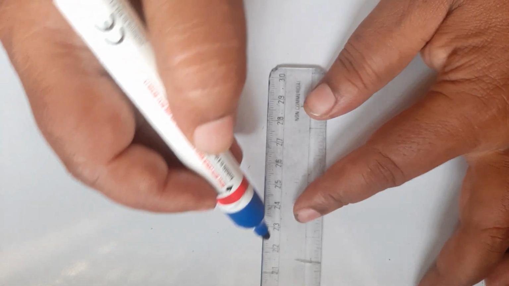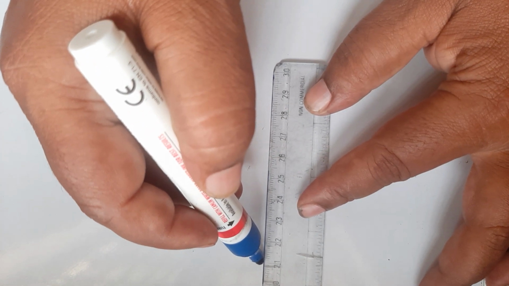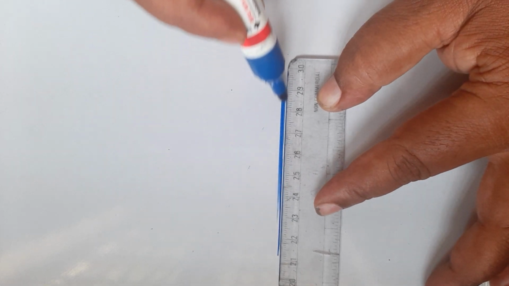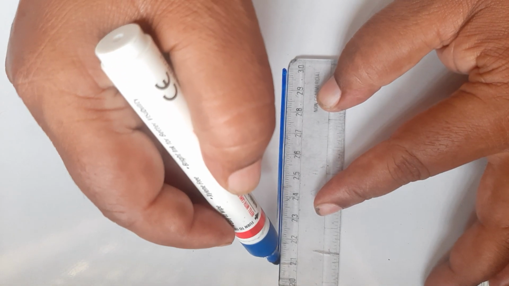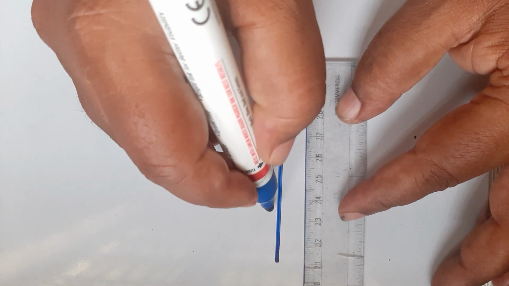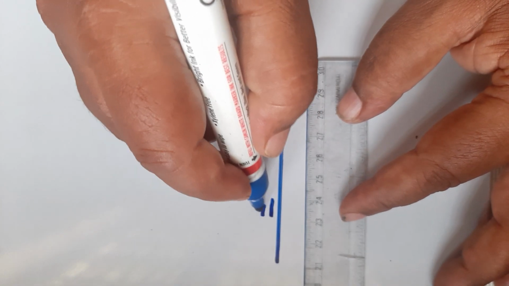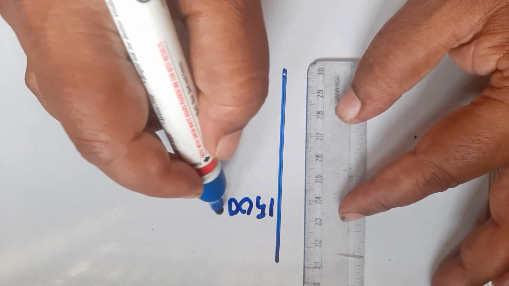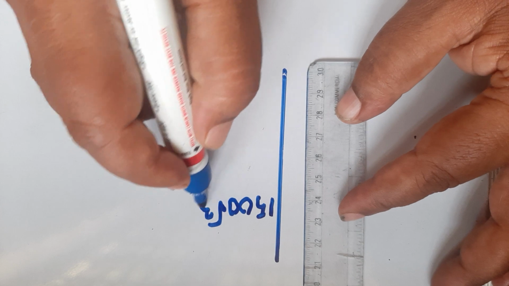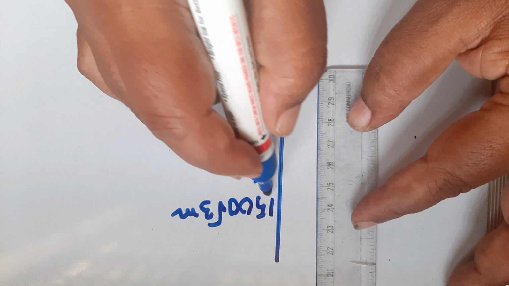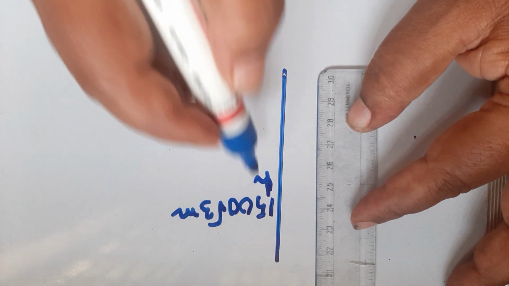This is the height of the jet plane I am going to draw. Just look at the diagram very carefully. This is the given height of the jet plane, 1500 root 3 meters.